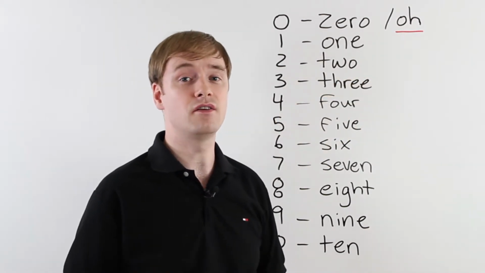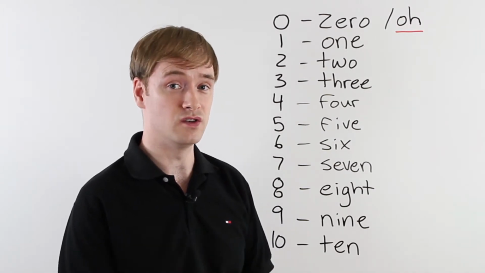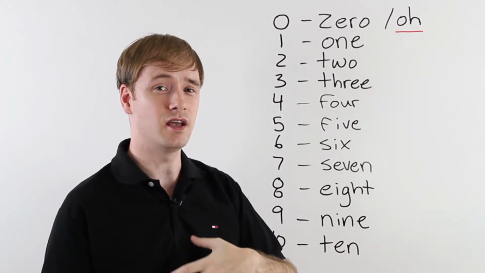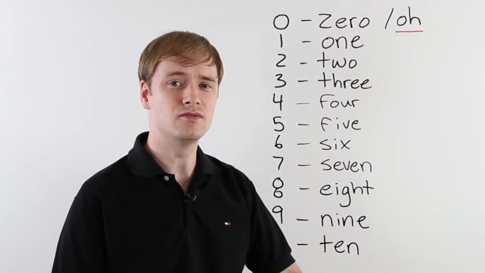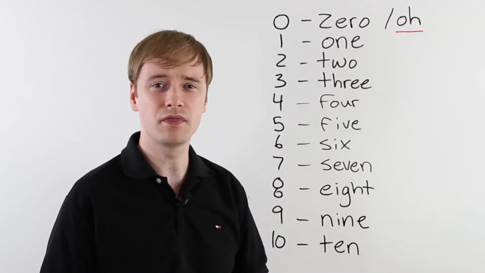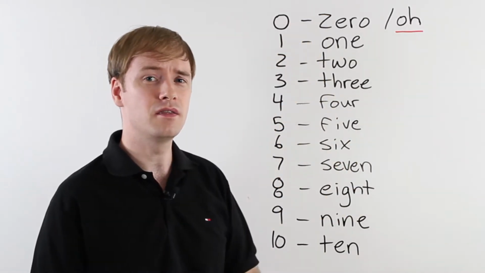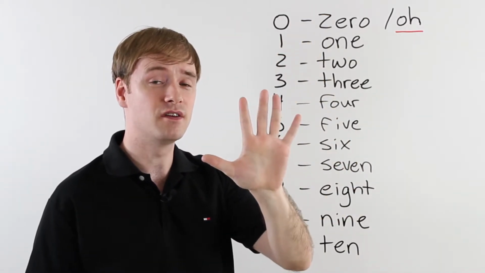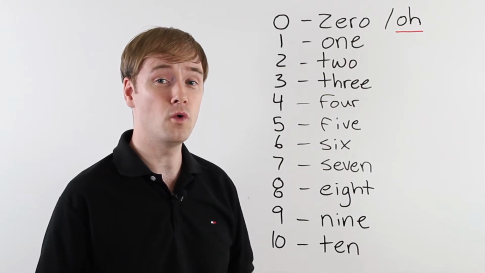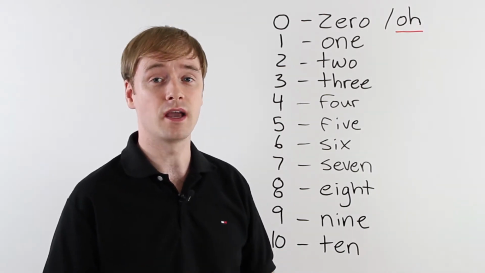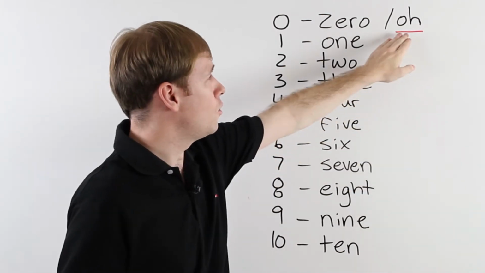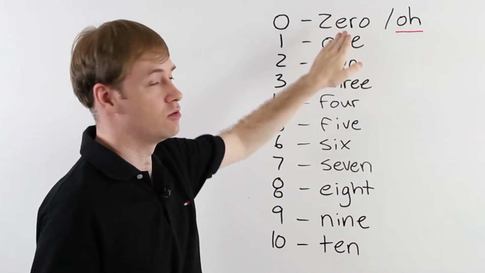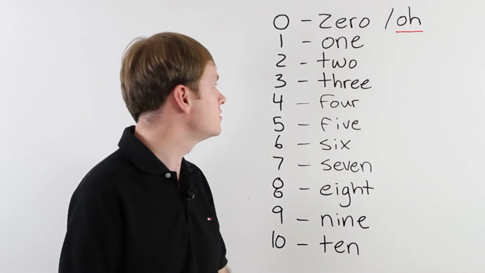So this is very confusing to Korean students because when I say it as O, many of my students hear O and they don't think of this number, they think of this number, 5. Because in Korean, O means 5, okay? So you got to be very careful. In English, O means 0, okay? Let's move on to the next numbers.